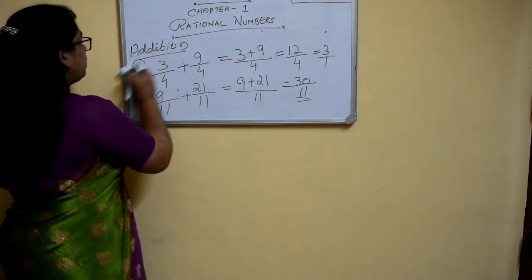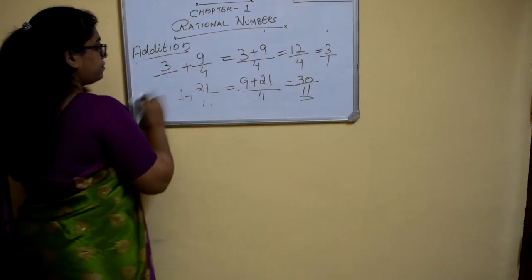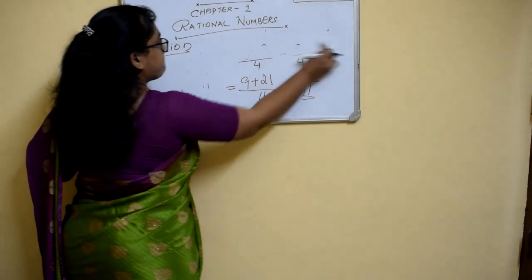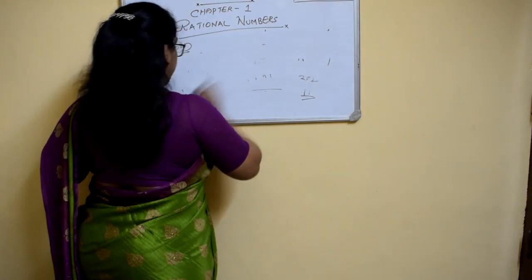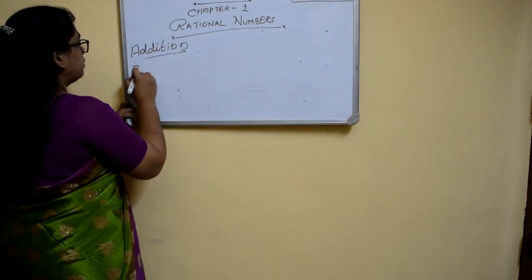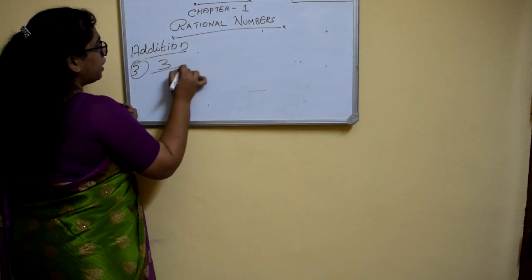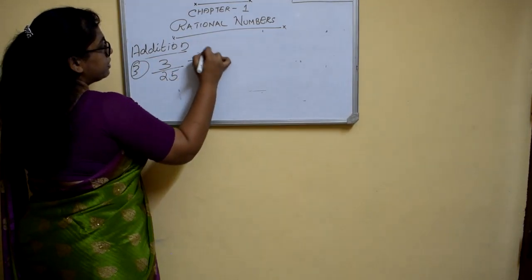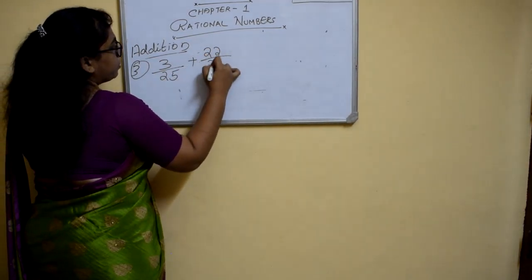One more question we will discuss. 3 by 25 plus 22 divided by 25.